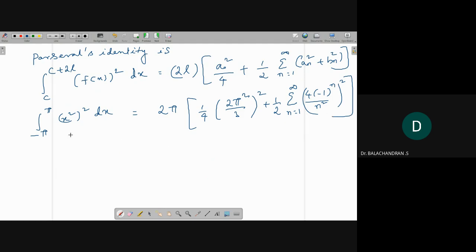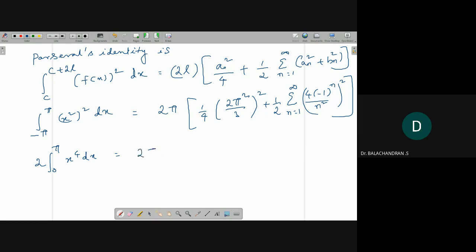Okay. So this is x power 4. x power 4 is an even function, so you can write this as 0 to pi x power 4 into dx. So now this is 2 pi.